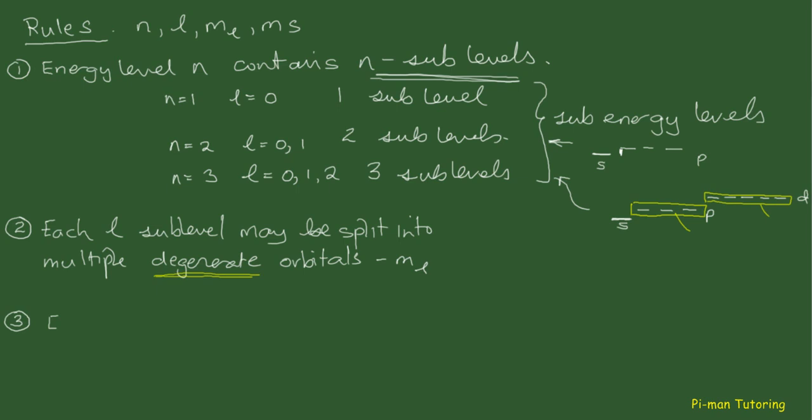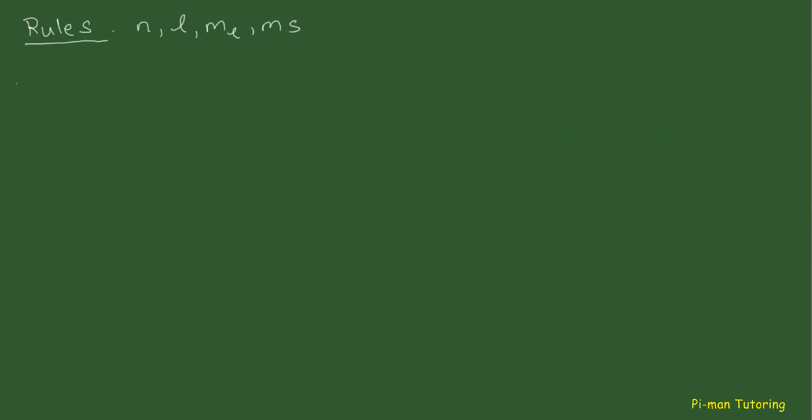And then thirdly, each ml orbital can accommodate only 2 electrons. Now, rule number 4 is called the Aufbau principle.